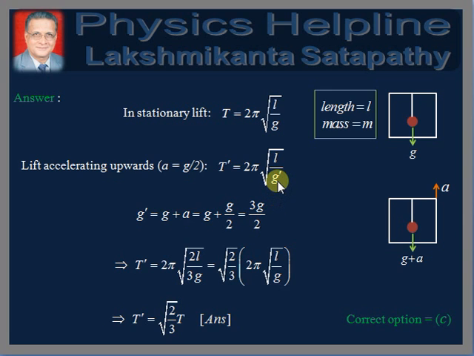Putting the value of g dash in this equation for T dash, we get T dash equal to 2 pi root over 2L by 3g, which is equal to root over 2 by 3 into 2 pi root over L by g. And this bracketed quantity is nothing but equal to T. Therefore, we get T dash is equal to root over 2 by 3 into T, which is the answer to the question. Therefore, the correct option is C.